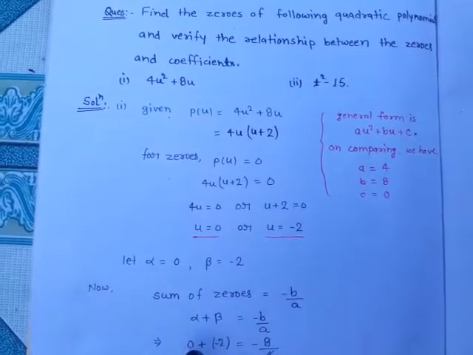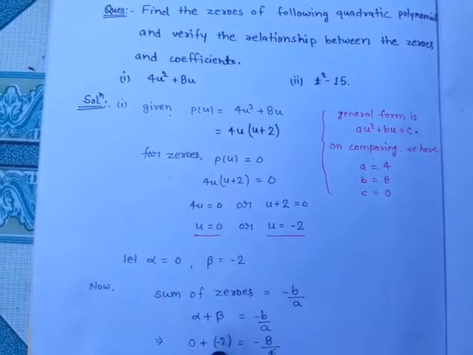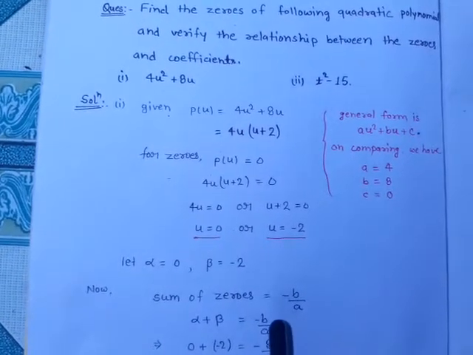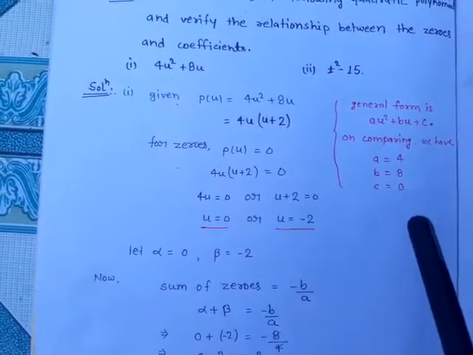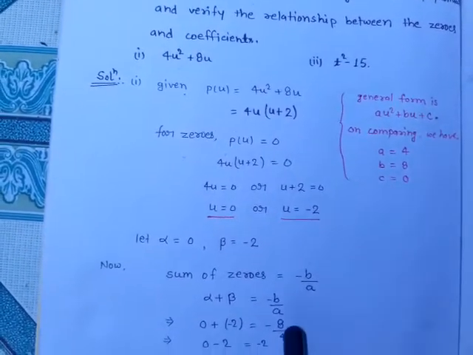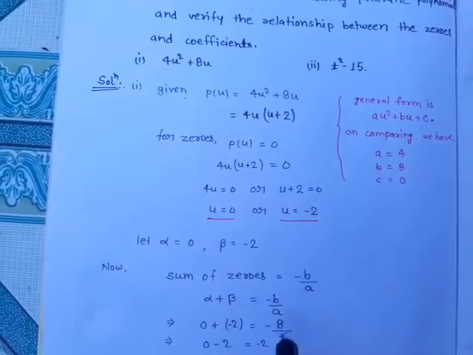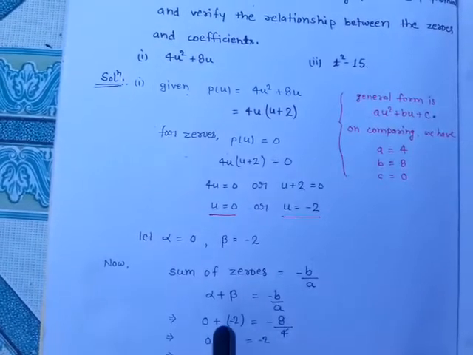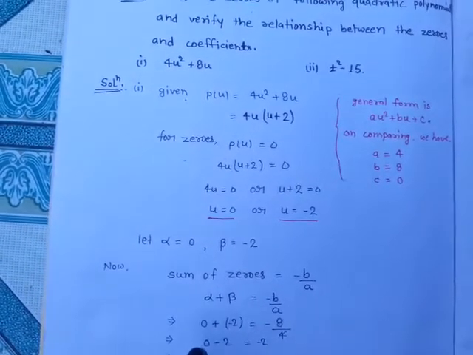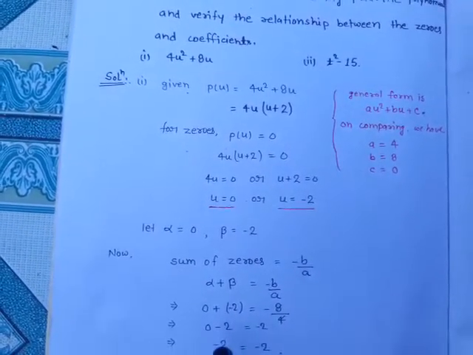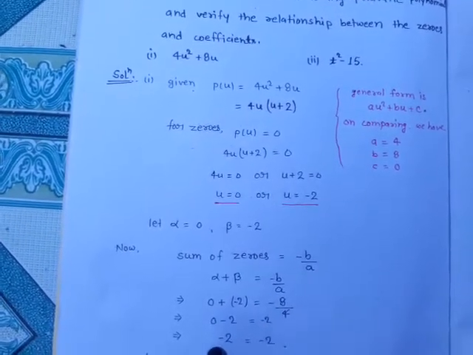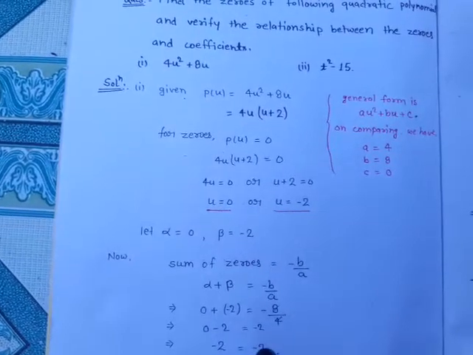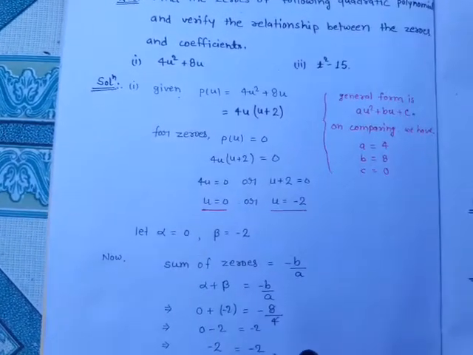Putting the value of alpha as 0, beta as minus 2, b as 8 and a as 4: on the left, 0 plus minus 2 gives minus 2, and on the right, minus 8 by 4 gives minus 2. So minus 2 is equal to minus 2, and the sum of zeros is verified.